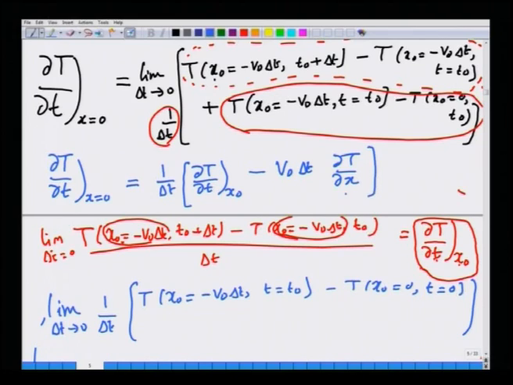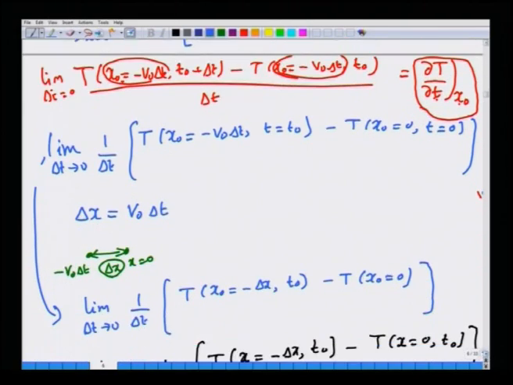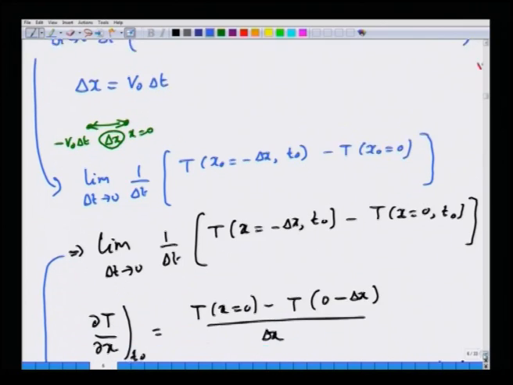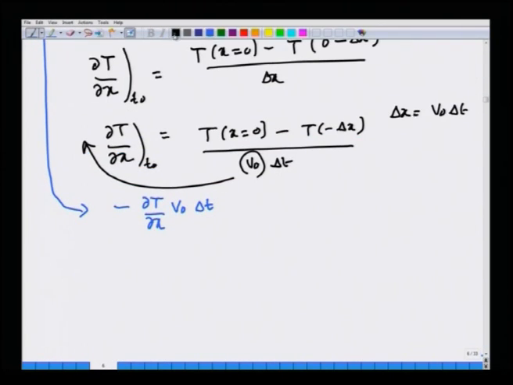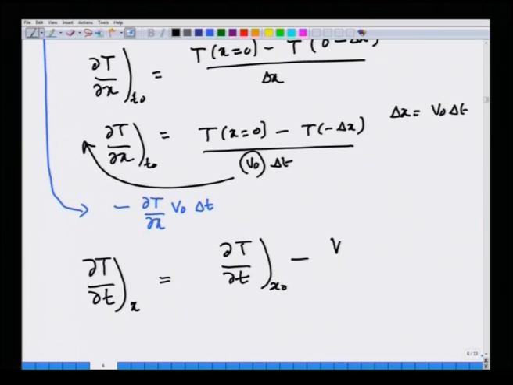Now, let me just write down this result once again: partial T partial t at constant x 0 minus v 0 partial T partial x at constant time.